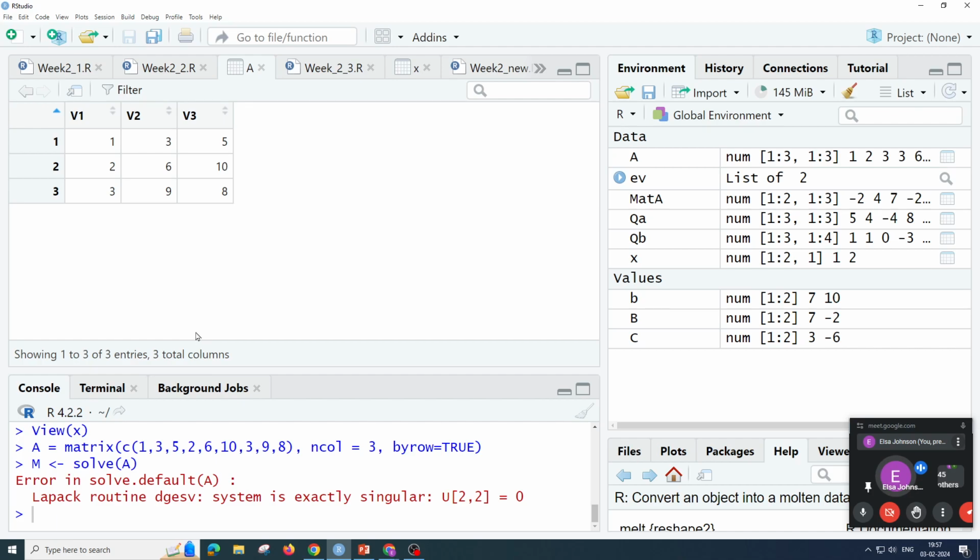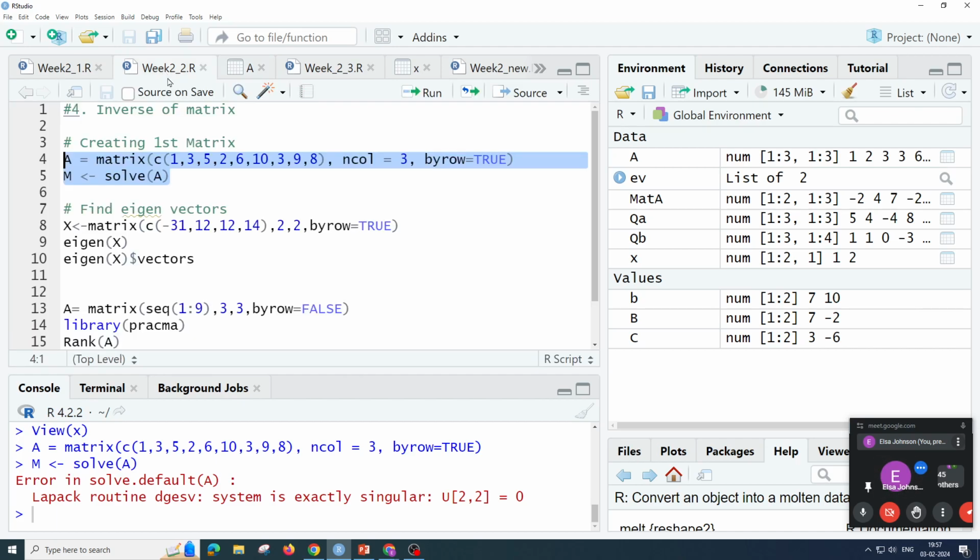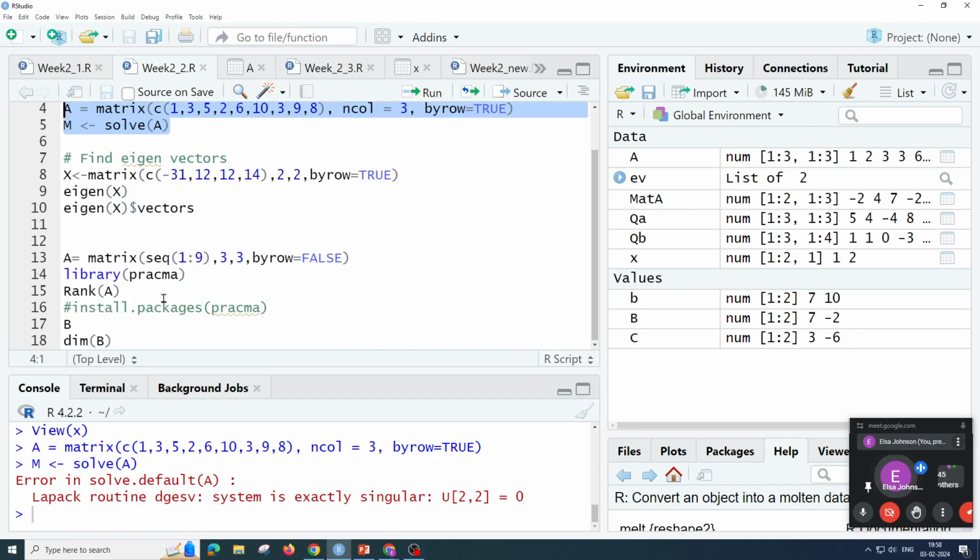If I give solve of A, it can't be done because this matrix is singular, because there are dependent columns. That's what it's telling. The error has come like that. Just wait a moment. Yes, so this is a package that has to be installed for finding out the rank and everything.